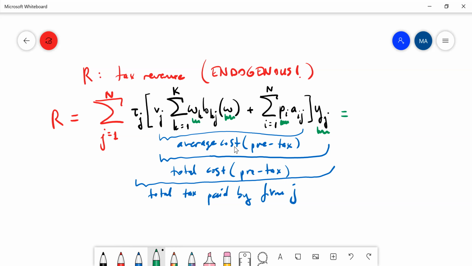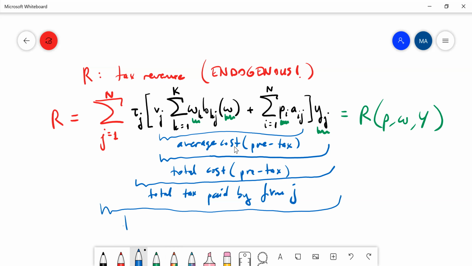So we better write R of P, omega, Y. Okay? So that's the notion. Tax revenue here is endogenous. So this now is, of course, total tax paid by all firms.